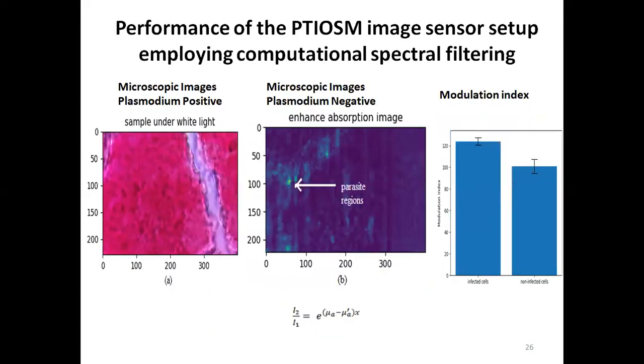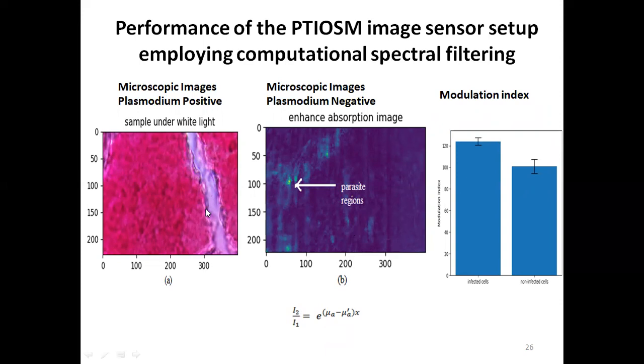And finally, we compared images that were acquired with the probe beam alone, and the images we computed after acquiring probe and pump beam using this ratio that we are calling modulation index, which is basically the pump-probe image over the probe beam image.